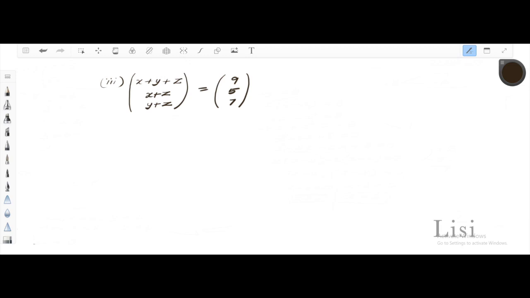And now here both are column matrices. So here A11 will be A11, and these two will be same, and these two will be same. So how can you write it, ma? x plus y plus z is equal to 9. And next one, x plus z is equal to 5. And next, this y plus z is equal to 7.